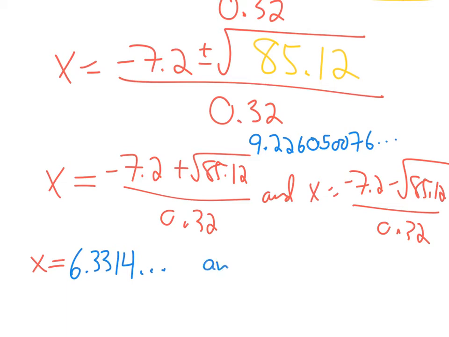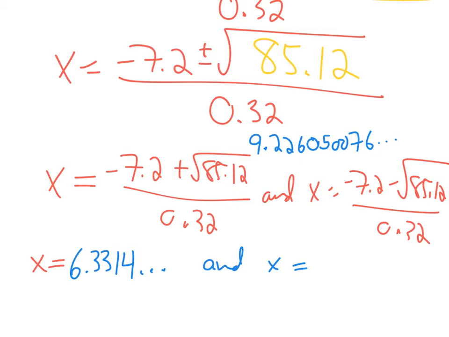And the other value that x could take on, let's start again. Let's clear our screen. So 85.12, take the square root of that, and we have 9.22 back on our screen. And let's subtract that from negative 7.2.